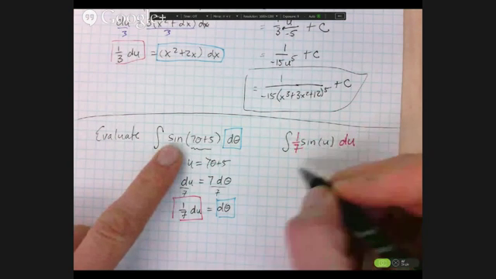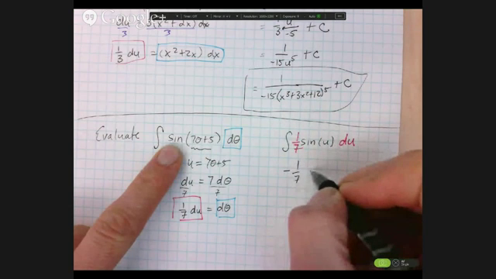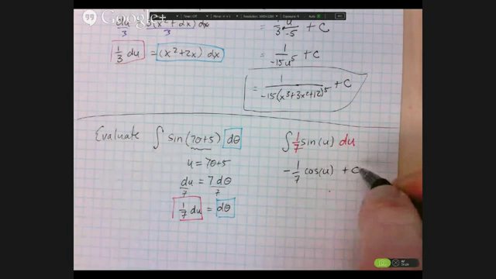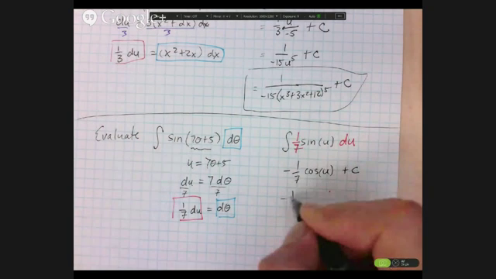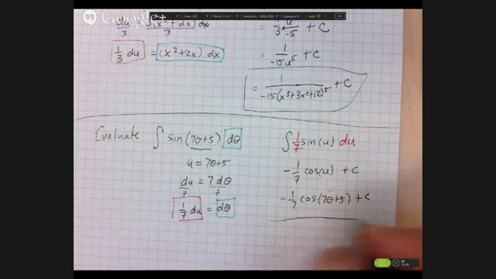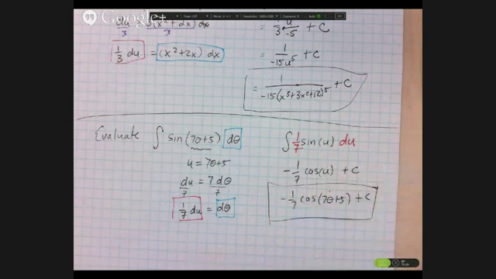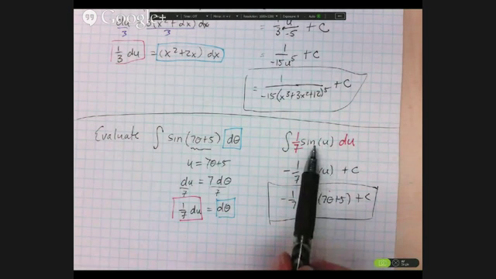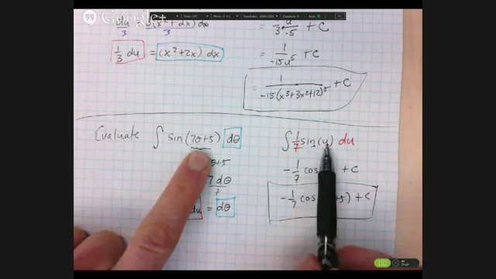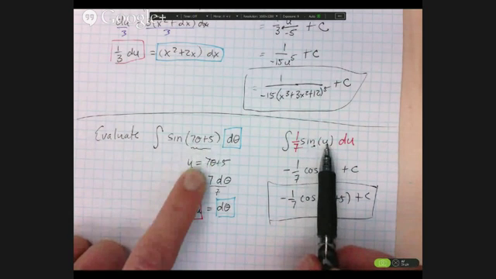So when you do the integral, now you have the negative 1/7 cosine u. That is u, so I just put it in. So we set u equal to that.